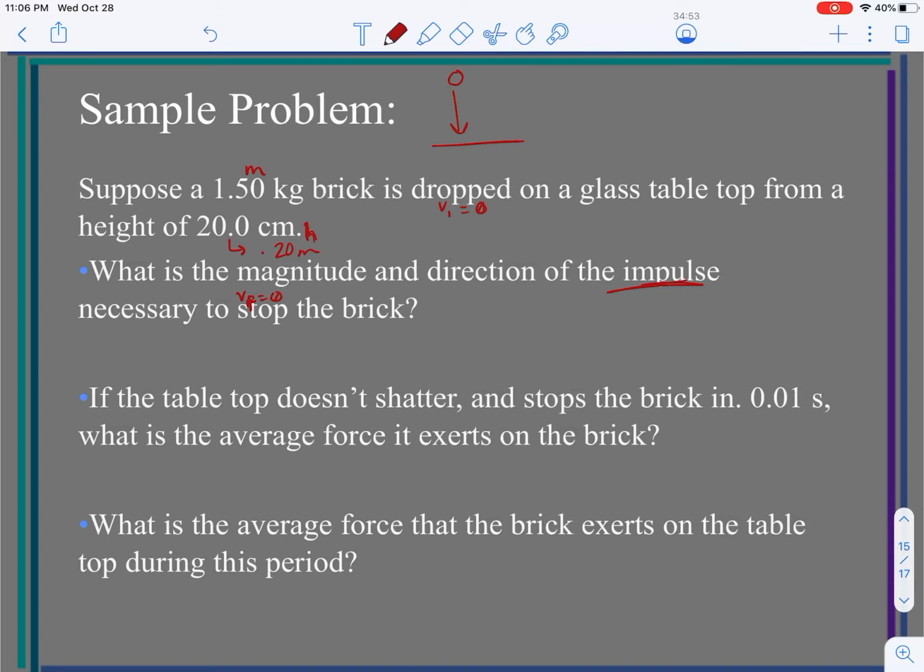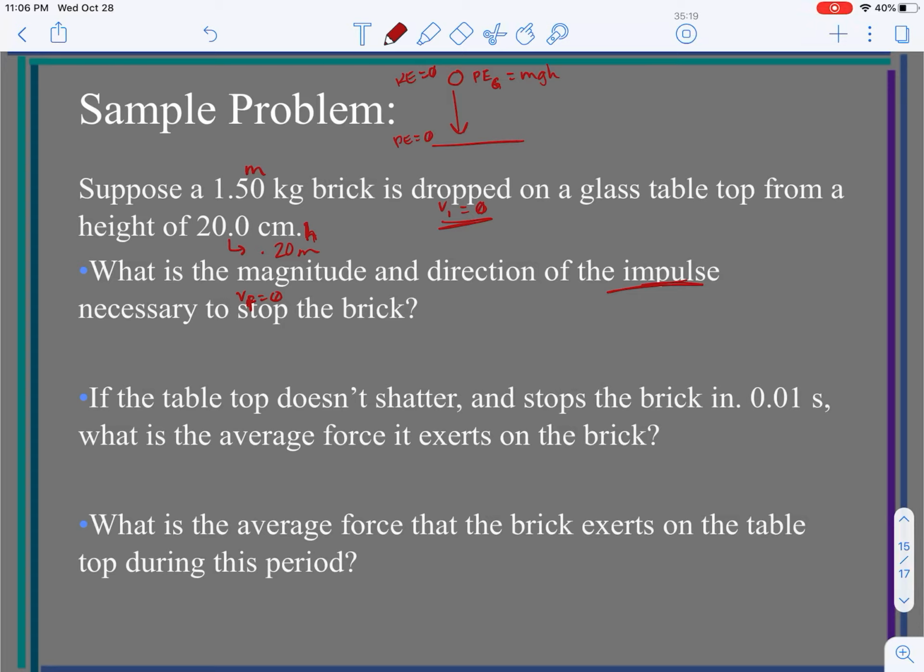I'm going to draw a picture. So my object is dropped from some height and it falls. Well, we just finished learning about energy, and I understand that up here it has no velocity, so my kinetic energy is 0, but it has some height, so it has a gravitational potential energy, which can be calculated using mass times gravity times height.